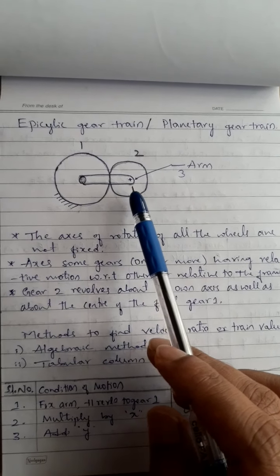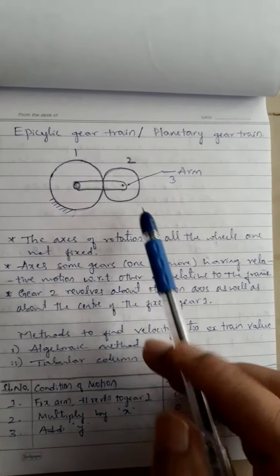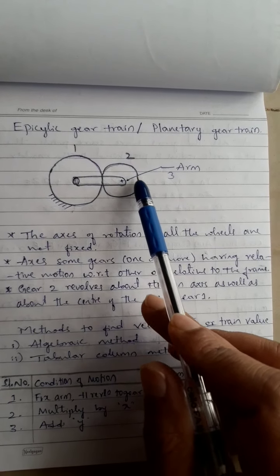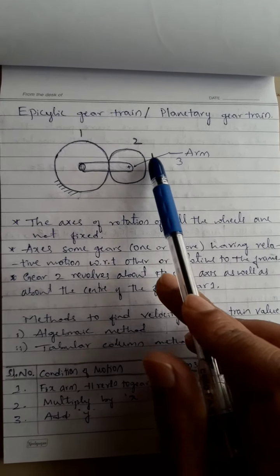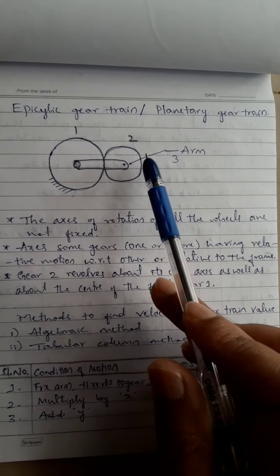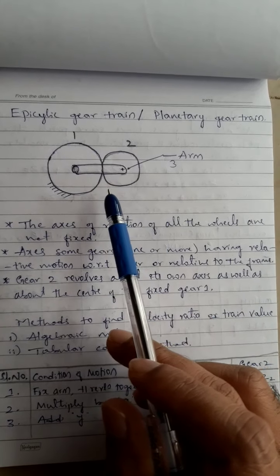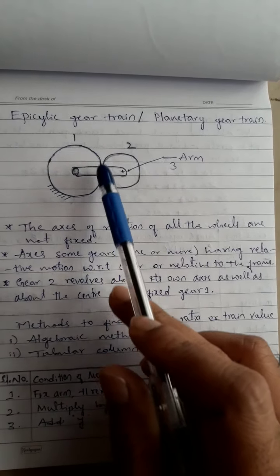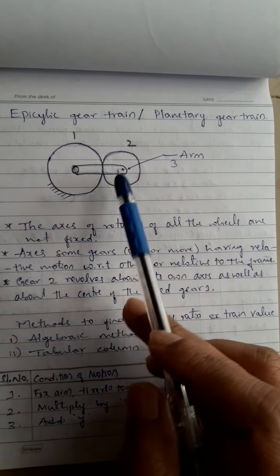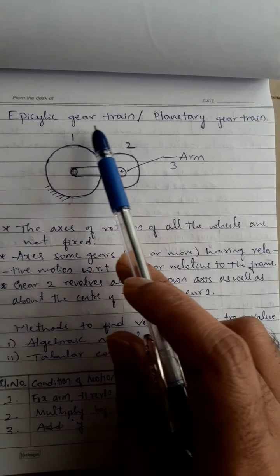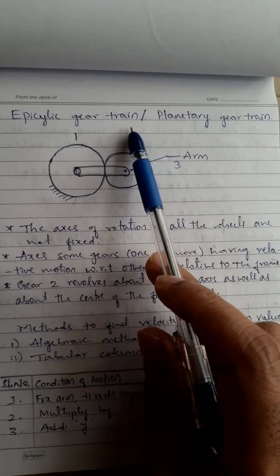Here in the figure we can see that gear 2 revolves about its own axis as well as about the center of the fixed gear 1. Such an arrangement we call an epicyclic gear train.